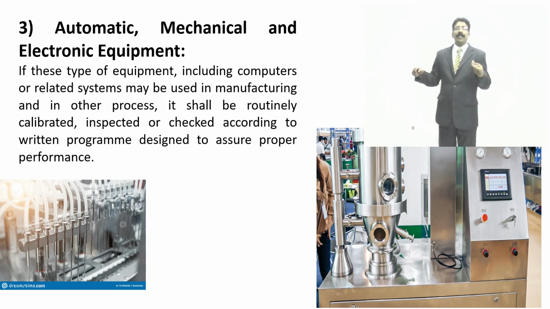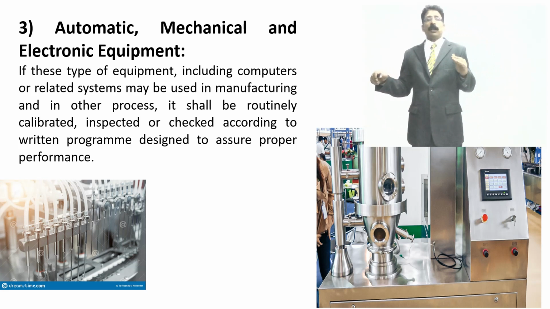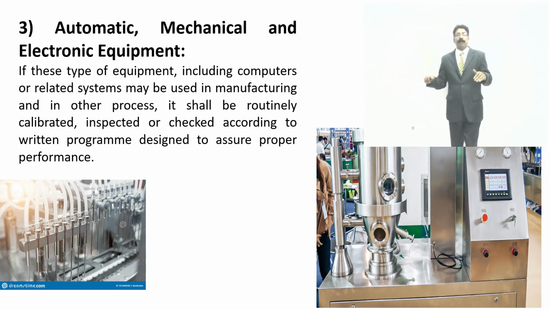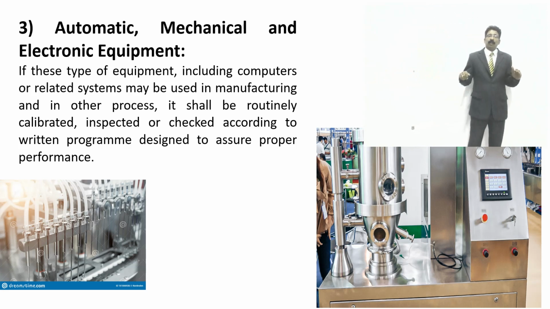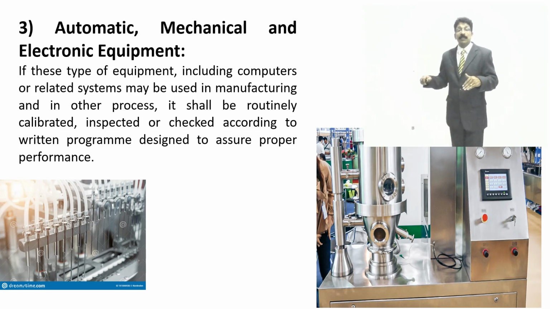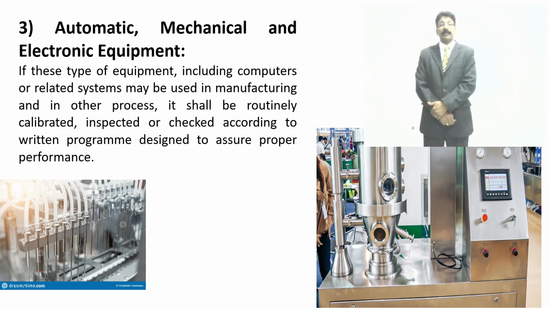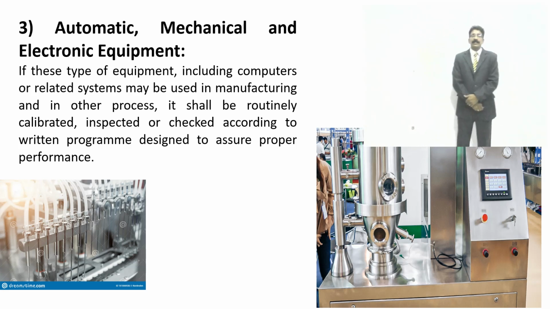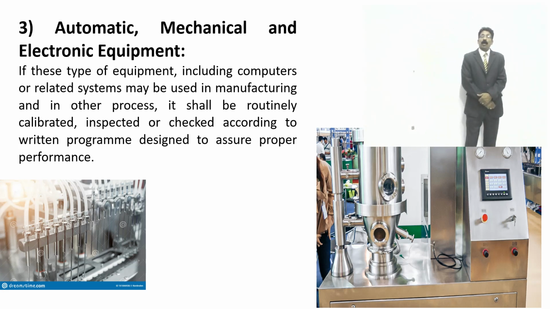If these types of equipment include computers or related systems used in manufacturing and in the ordering process, they shall be routinely calibrated and inspected or checked according to a written program designed to ensure proper performance.